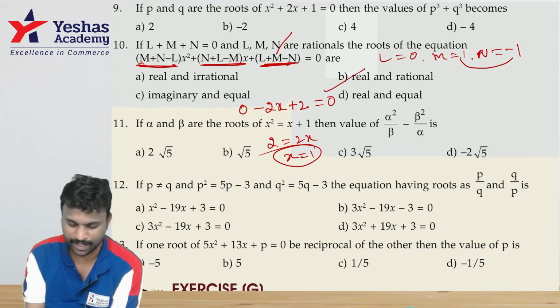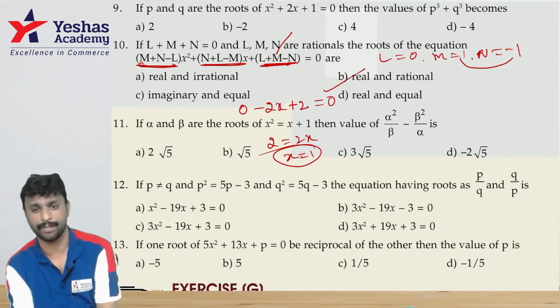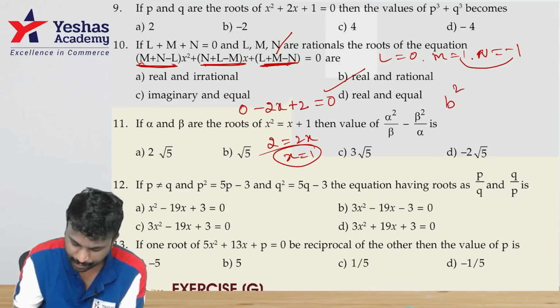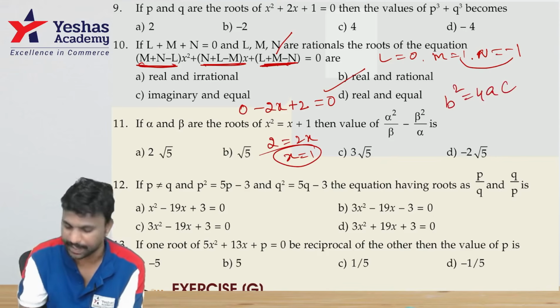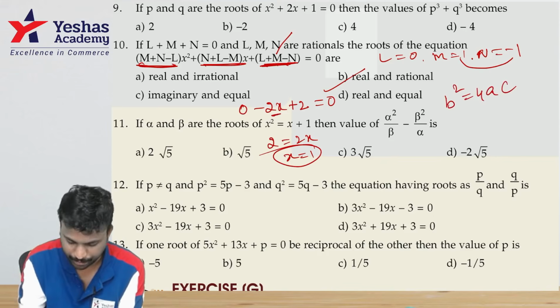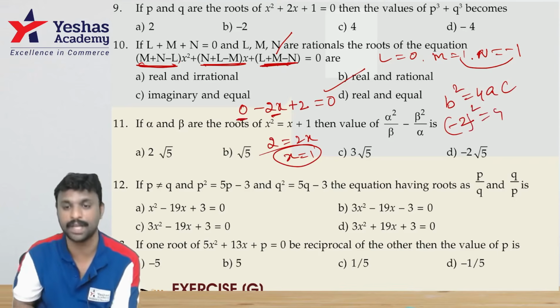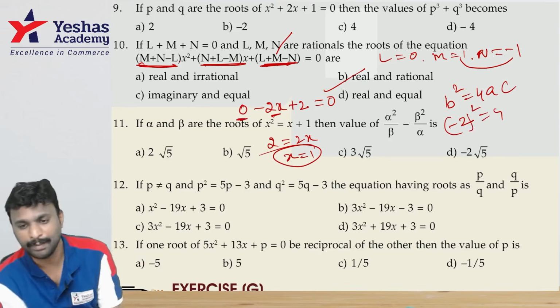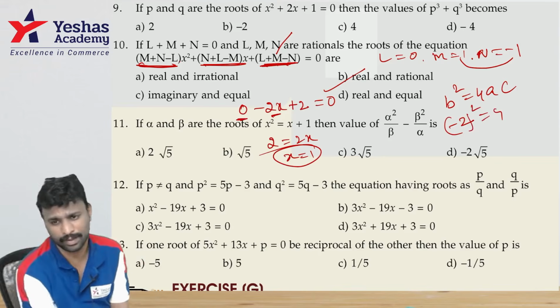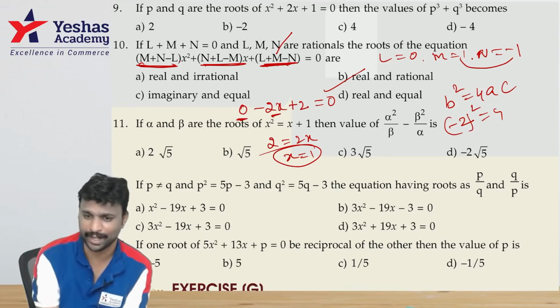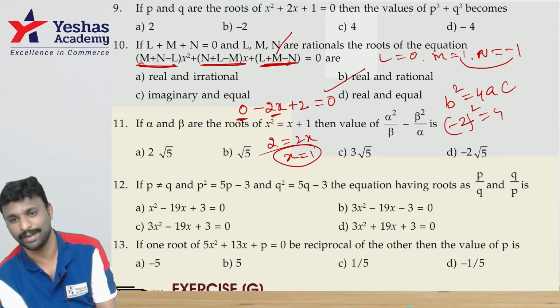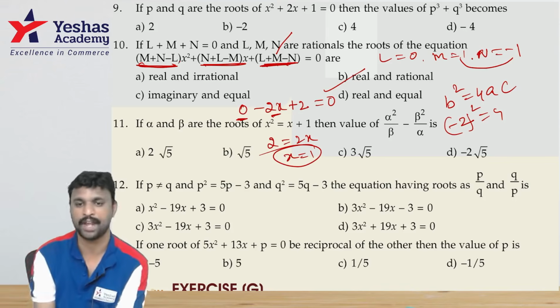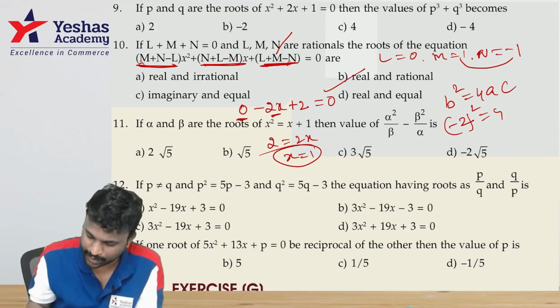No, real and equal we can't justify, because for it to be real and equal, b square must equal 4ac. Here, b value is minus 2, and minus 2 the whole square is 4, and a value is 0 because the x square term is becoming 0. So definitely the roots are not going to be real and equal. So the roots are going to be real and rational only.